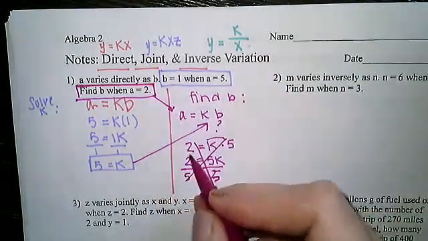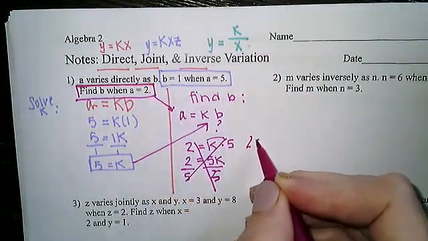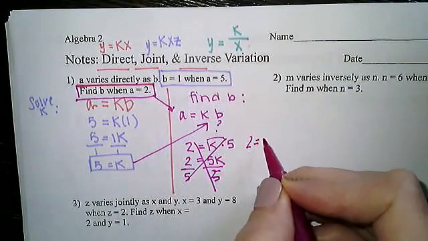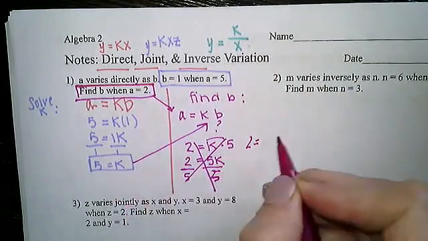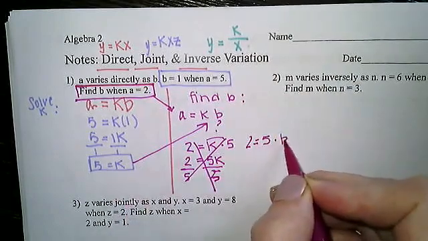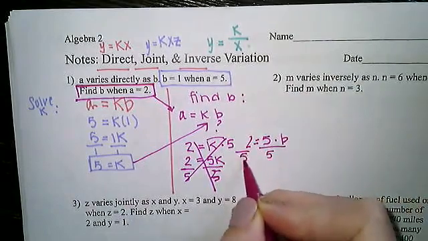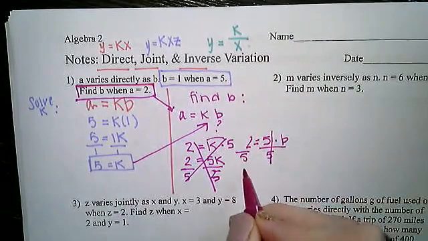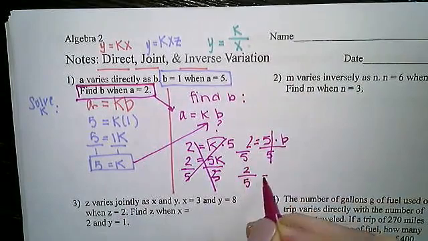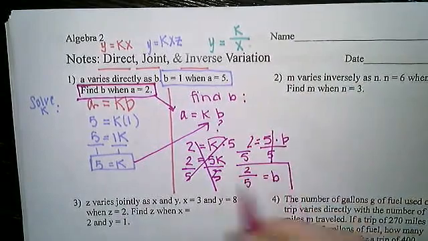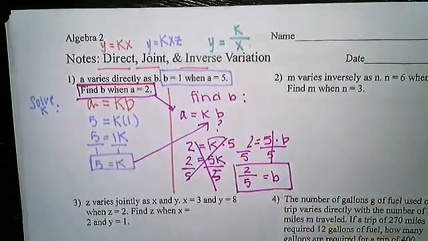So we know A is 2, so we did that part right. We know our K is 5. We don't know our B. So when we solve for B, we do the opposite of multiplication, which is division. So B would be 2 over 5, which could also be written as 0.4.